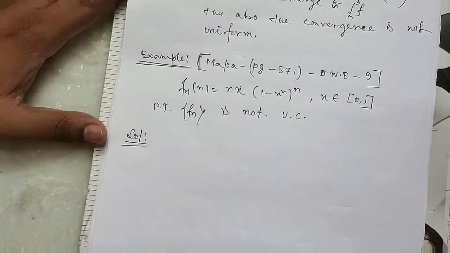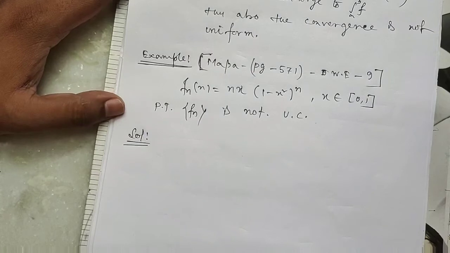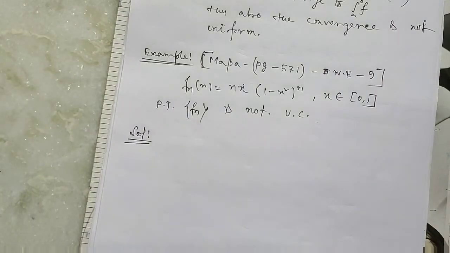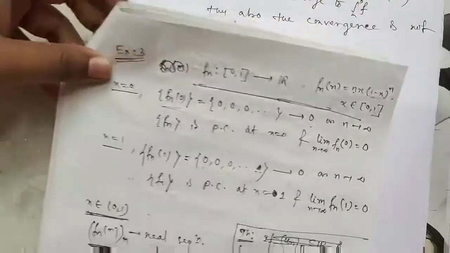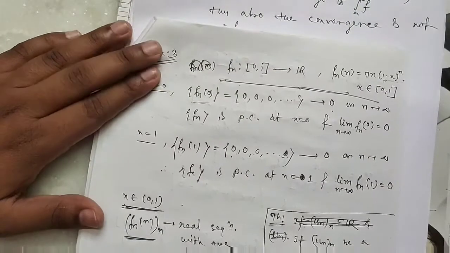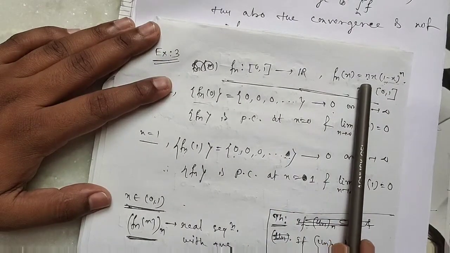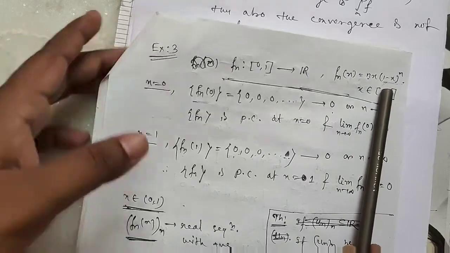First we find the limit function. In class 6 we discussed this example: f_n(x) equals n x times (1 minus x) to the power n.